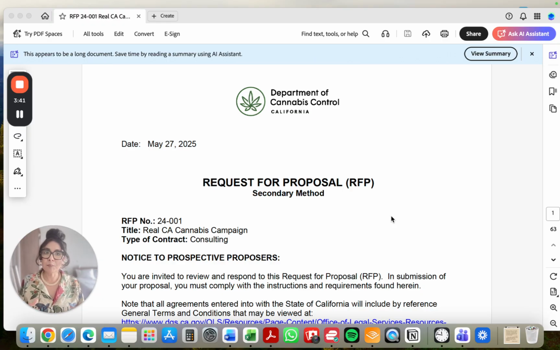To set it up, you'll want 4 columns, each with a different title at the top: requirement, where it appears, how to respond, and status. The requirement column has the title and information for that requirement. In where it appears, put if it's in the RFP document, or if not, what attachment it's in, the title of the attachment, and the page number, so it's easy to find later.